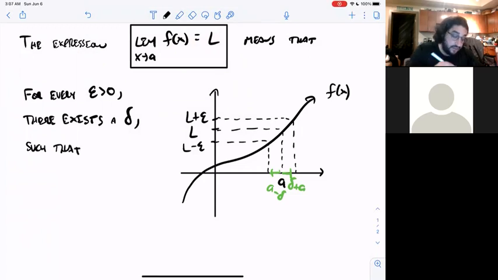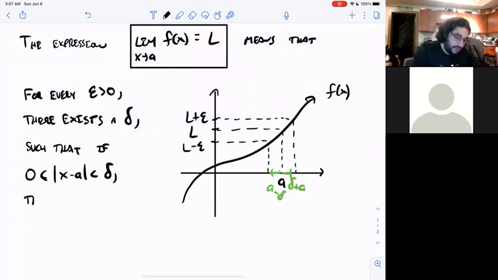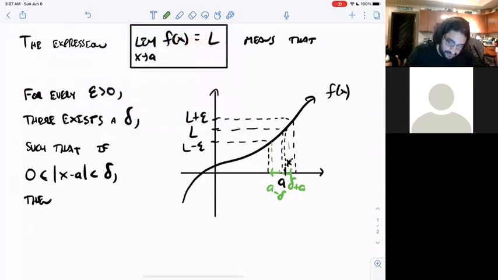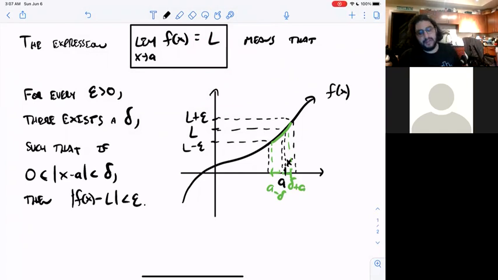I mean that as long as you pick any x value within delta of A, then the corresponding f of x values will all be within epsilon of L. So this is the formal definition.